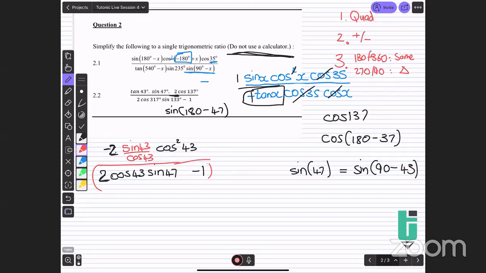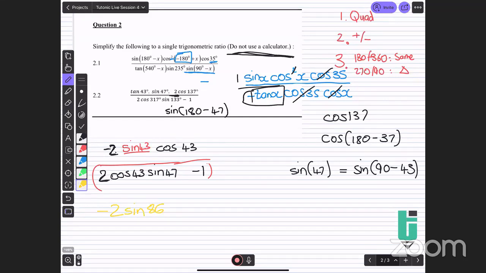So you're going to be left with negative 2 sine 43 cos 43. Then that's sine of 2A. So it's going to be minus 2 sine of 86, right?